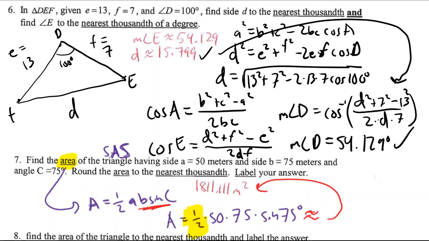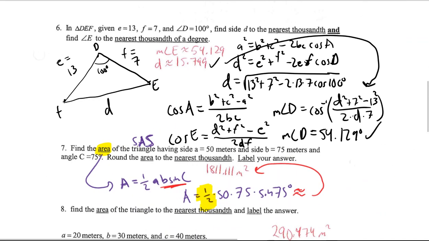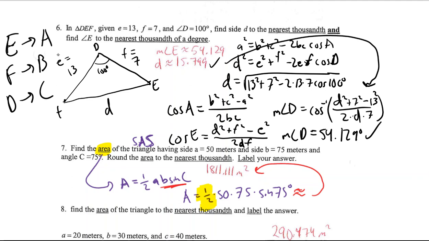I'll add here at the end, if the D, E, and F is the part that's giving you issues over it being A, B, or C, what you can do just over to the side is give yourself a little key. Like instead of saying E, I'm going to refer to that as A. F can be like my B, and D can be like my C. And then you can still use the formulas, but when you get an angle A side A, angle B side B, angle C side C, you can go over here and use your little key to see that you actually have E, F, or D accordingly, and then you don't have to worry about mixing them up.